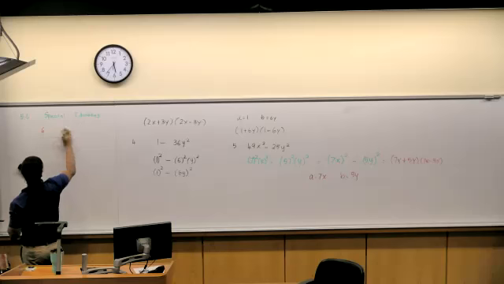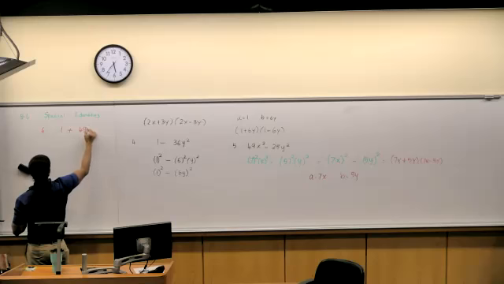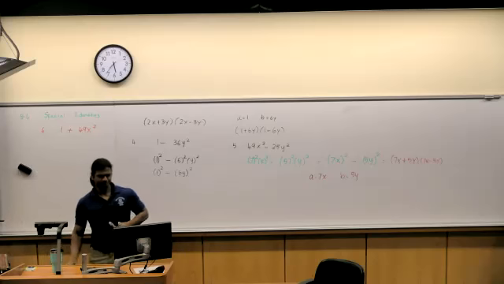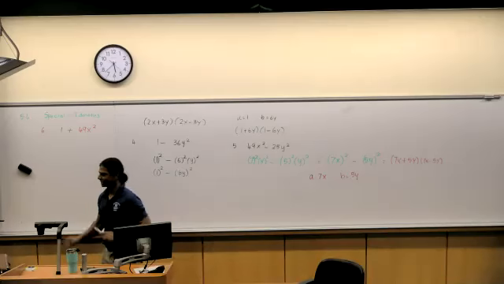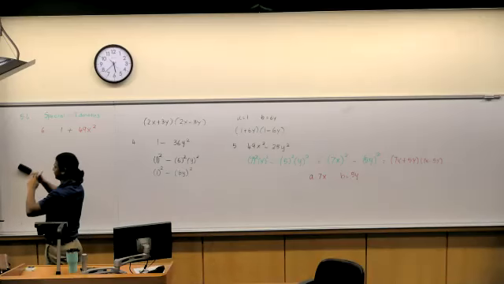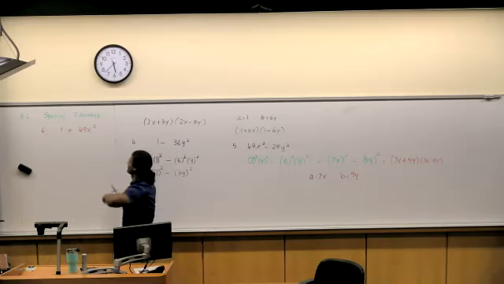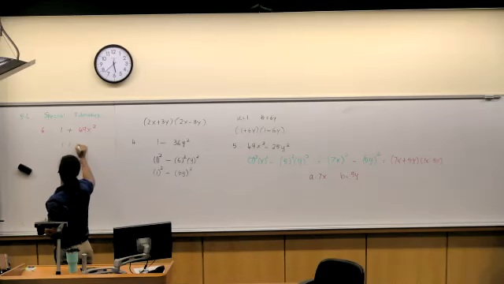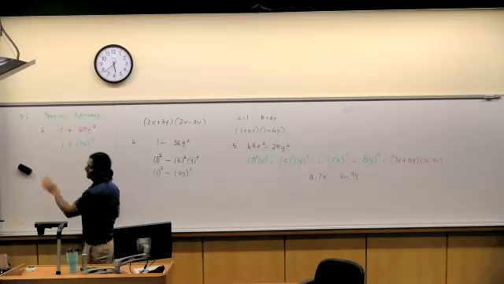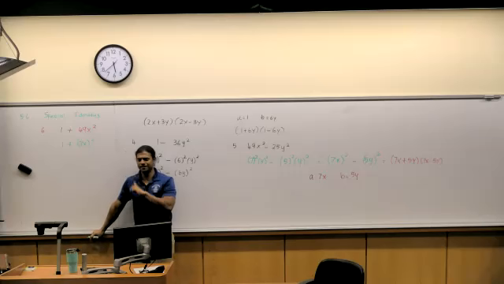Number 6. This is what some of you did. At least you understood part of the stuff. So 49 is a perfect square. So you wrote that term as 7x squared. Yes.